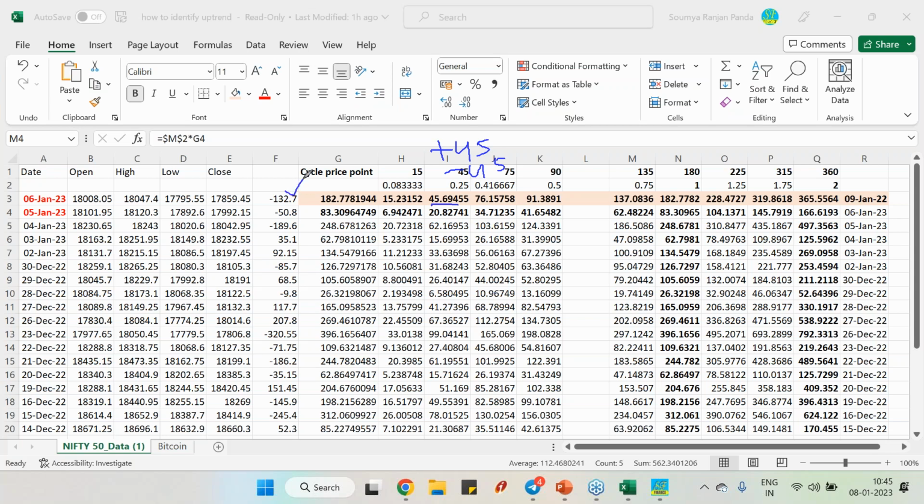Why? It is 132.7. So for 9th January, the study says if the Nifty opens and goes plus 45 points, I'll be in uptrend. Minus 45 points, I'll be in downtrend. If Nifty oscillates between plus or minus 45 points, then I can say I am in the range bound trend.